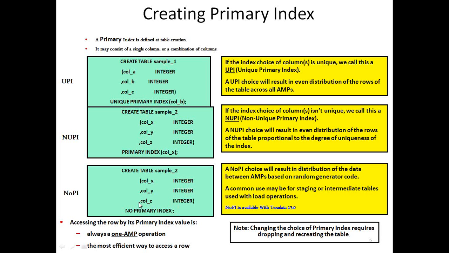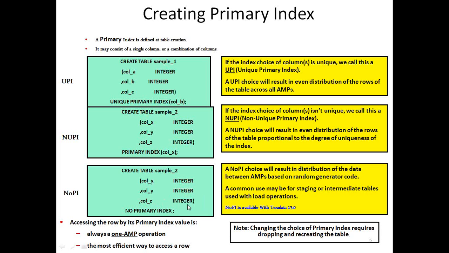And if I don't put this phrase NO PRIMARY INDEX at the end of the table definition, then what happens? By default it takes the unique column as a unique primary index, if one exists. If any column is imposed with a unique constraint, that column is considered the unique primary index by default.